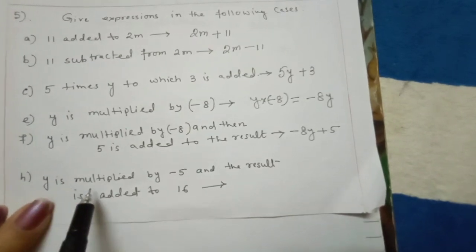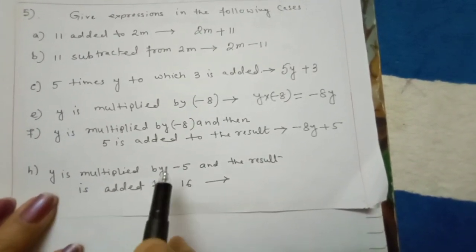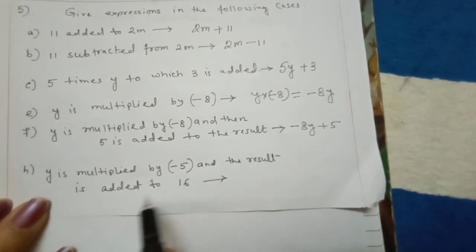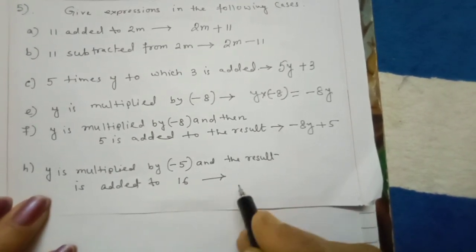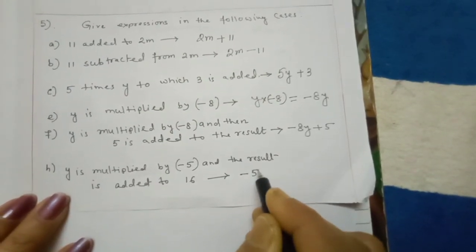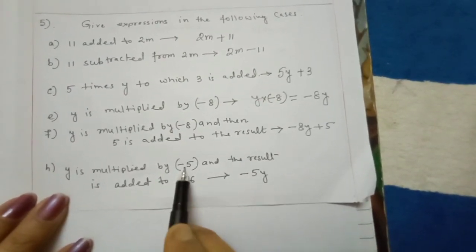Y is multiplied by minus 5 and the result is added to 16. So y is multiplied by minus 5 means minus 5 into y.